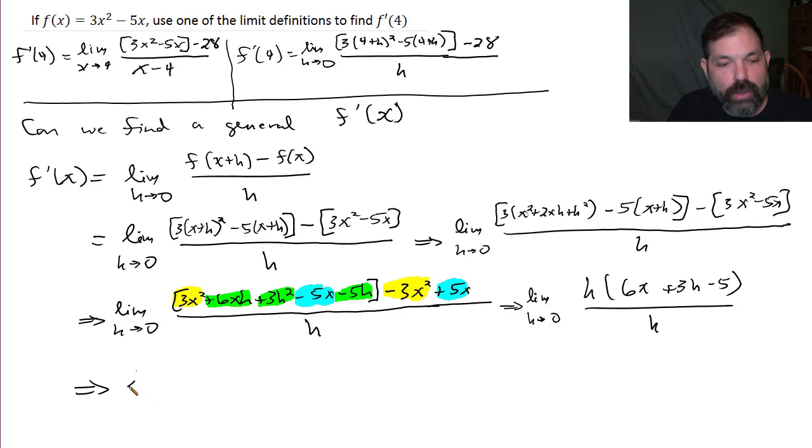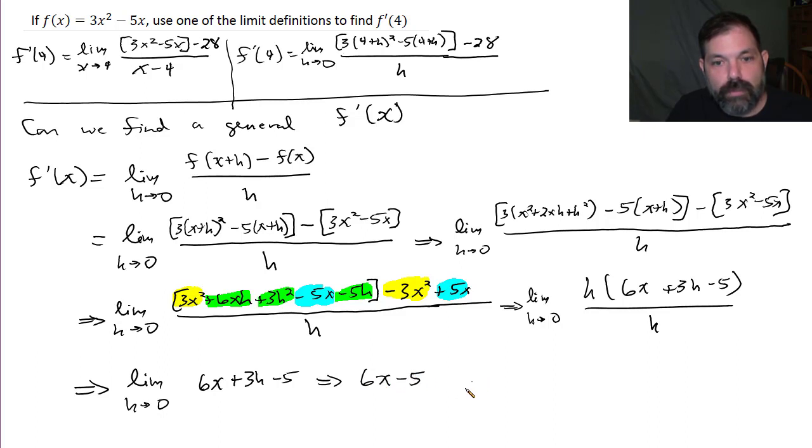Removing the common factor of h, this becomes the limit with h approaching 0 of 6x plus 3h minus 5. Now, letting h approach 0, the term 3h becomes 0, and we are left with 6x minus 5.